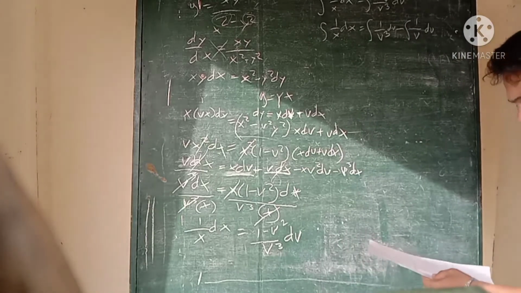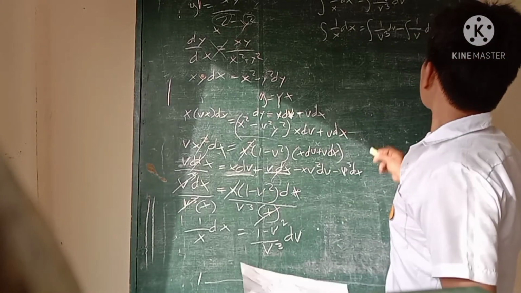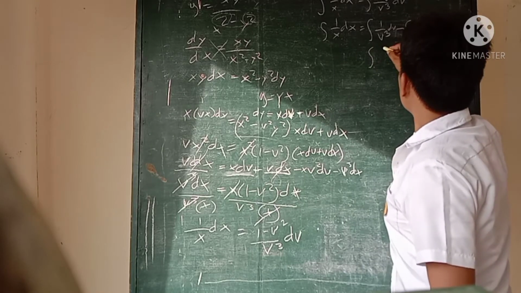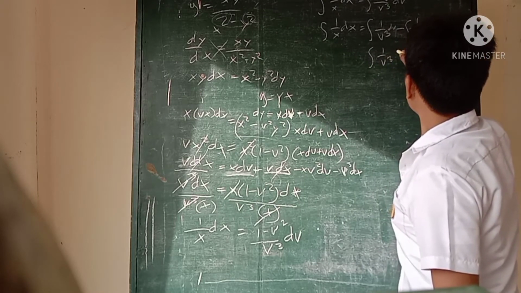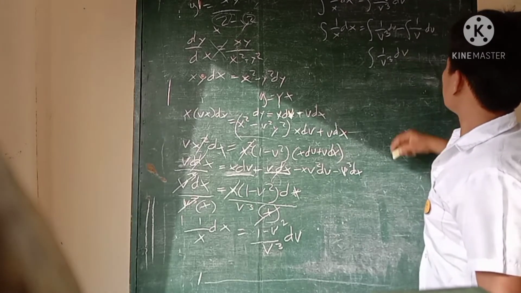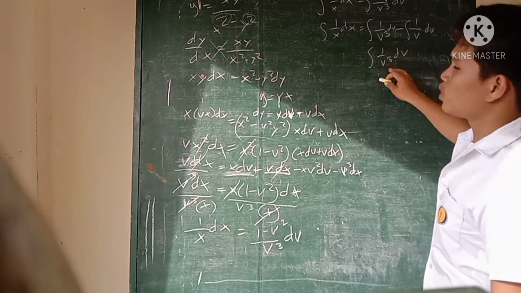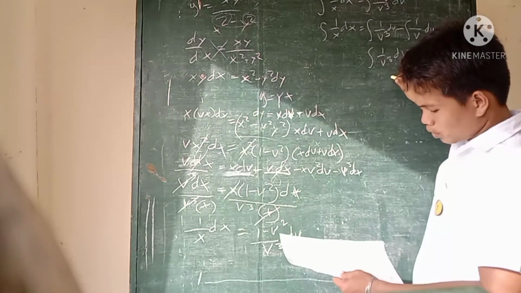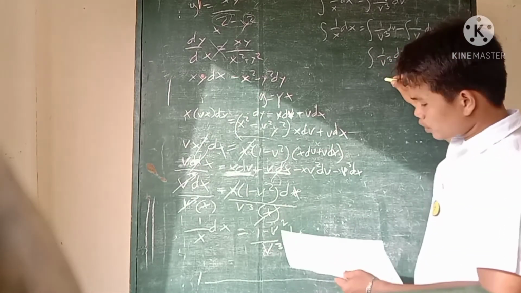Okay, so proceed to this one. The integral of 1 over v cubed dv: we need to raise this to a power, using the power rule.